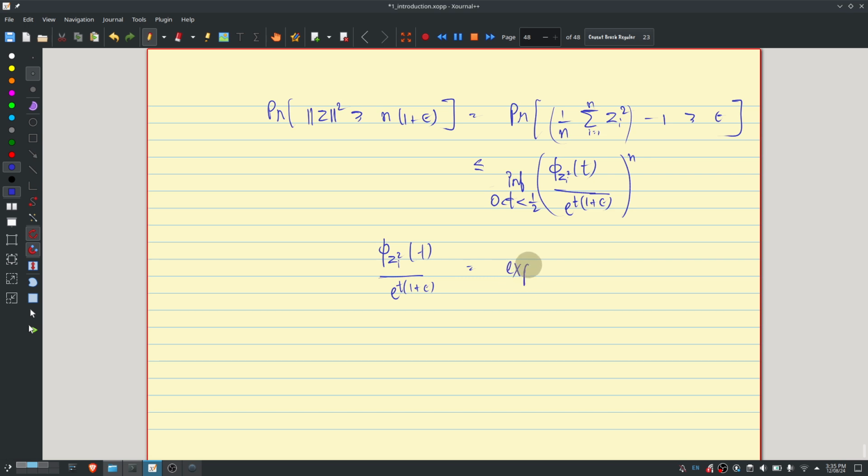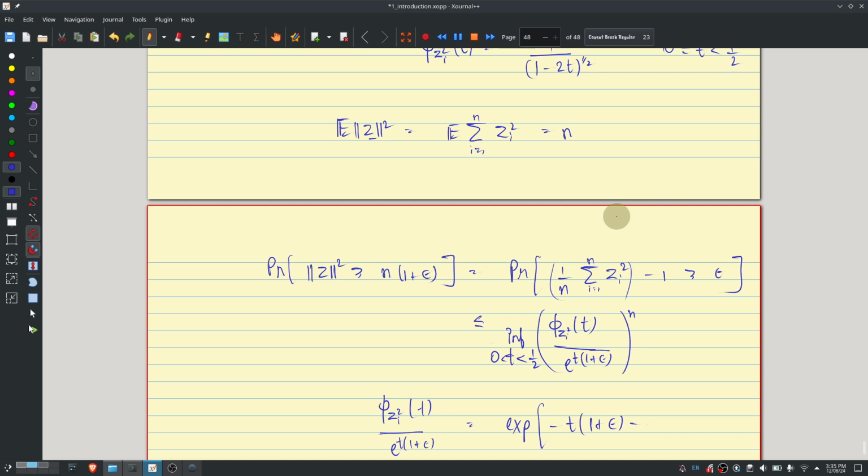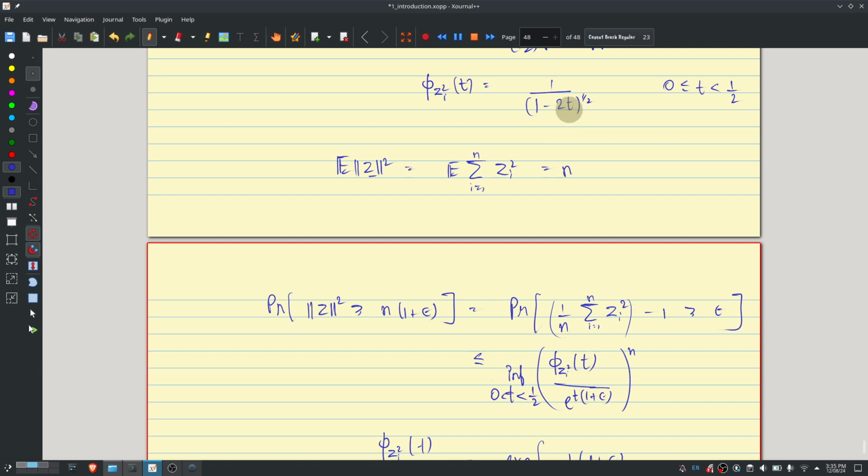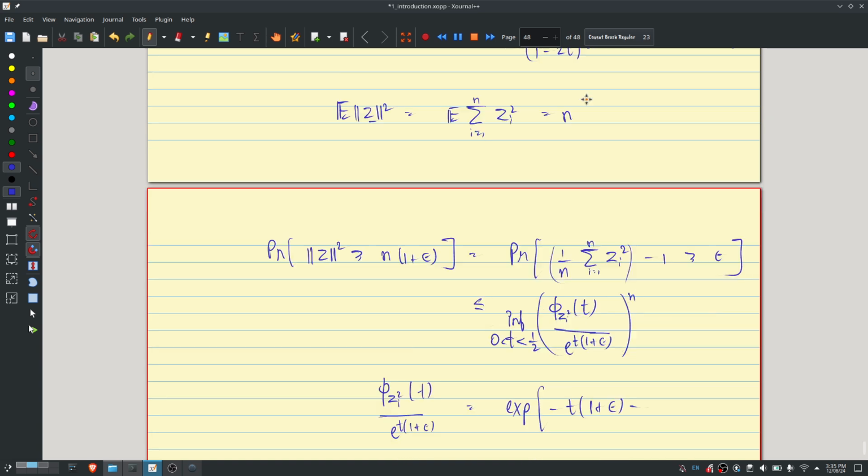I can write this as e to the minus t into 1 plus epsilon plus... what is this mgf equal to? So it's 1 over square root of 1 minus 2t, right?